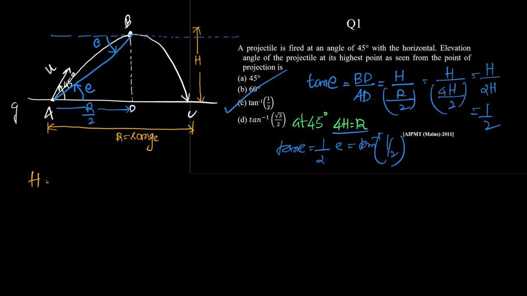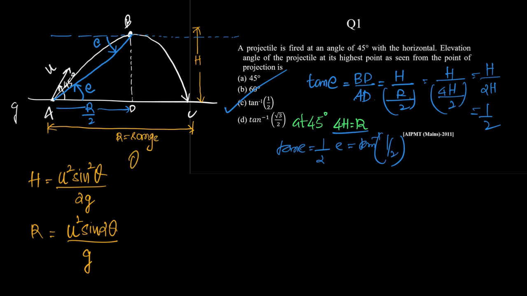What is H equal to? H we know is U square sine square theta by 2g. And what is R equal to? R is U square sine 2 theta by g. Now what is theta? Theta is the angle of projection, which is given to us here as 45.